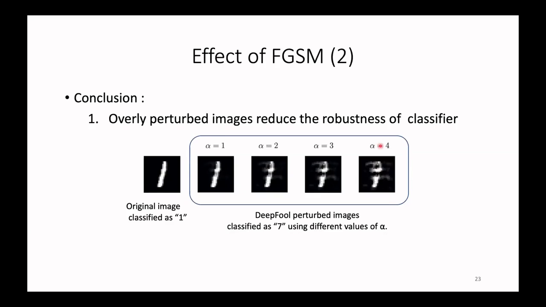For the largest scale, when alpha is equal to 4, the sample is actually similar to digit 7, and during the fine tuning, we'll label it as a 1. So it's basically a wrong sample and label correspondence that leads to the negative effect of fine tuning on the adversarial samples generated by the fast gradient sign method.